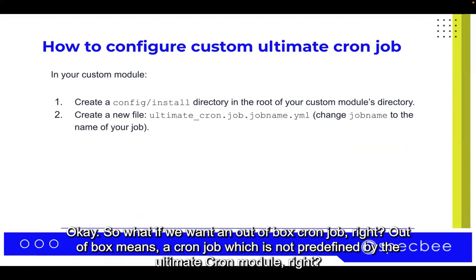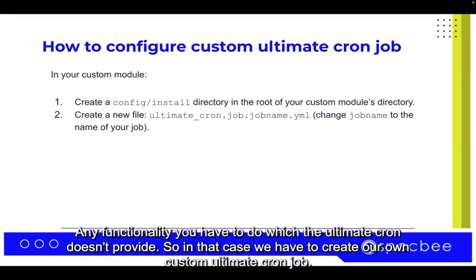So what if we want an out of the box cron job, right? Out of the box means a cron job which is not predefined by the Ultimate Cron module, any functionality you have to do which Ultimate Cron doesn't provide.